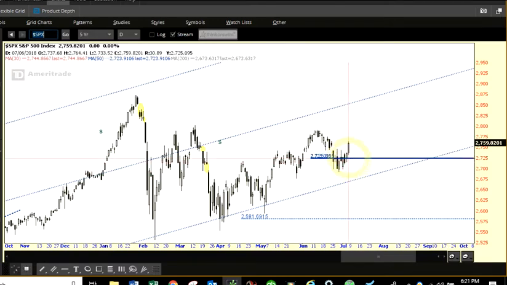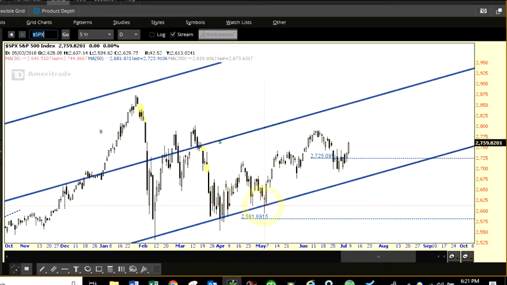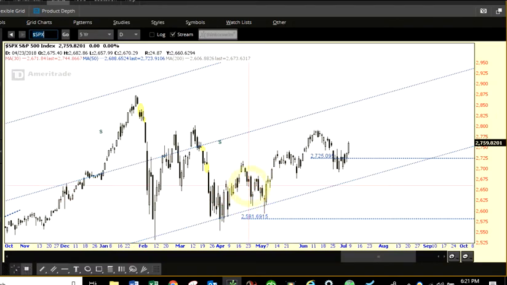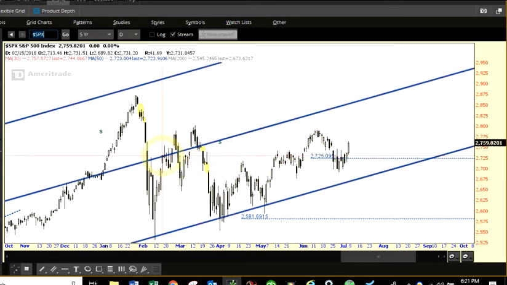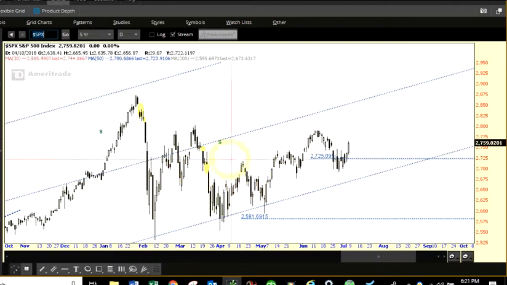That's critical support. If we break that support, there's really nothing holding the structure. I know we have some pivots here and some pivots here and even some pivots here, but if we break this and start accelerating to the downside, what it means is that all this is a 2. This is a 1, 2, and then 1, 2, and then a 1 and some more 2 here.